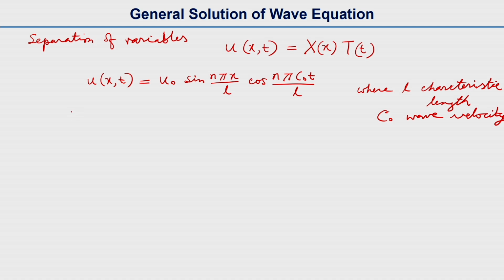So, now from the trigonometric relation, sin A cos B is equal to half of sin (A minus B) plus sin (A plus B).